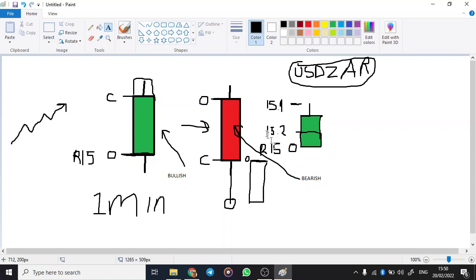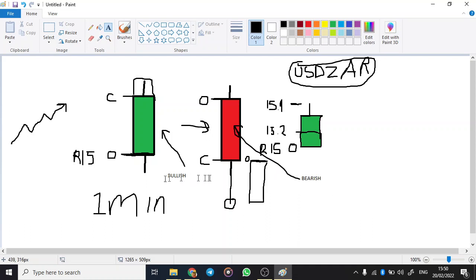It is bearish if it is red. So at any given moment, if a candlestick is going up, we are saying it is having a bullish movement. And whenever a candlestick is being formed and going down, we are saying it is going bearish.